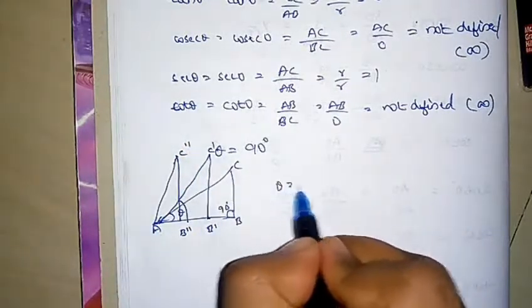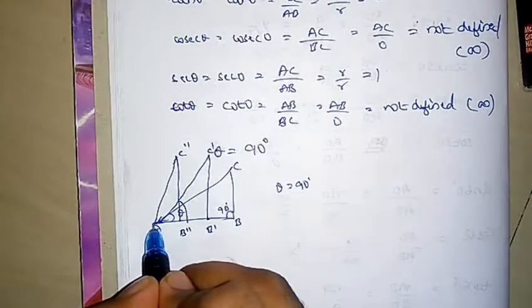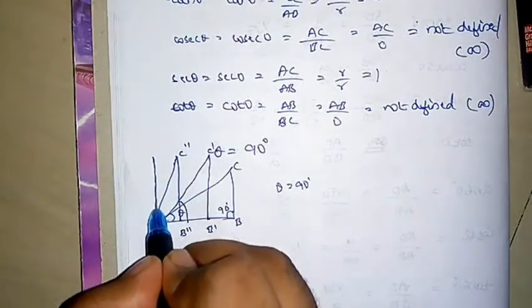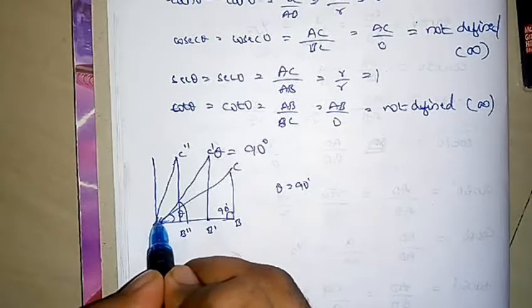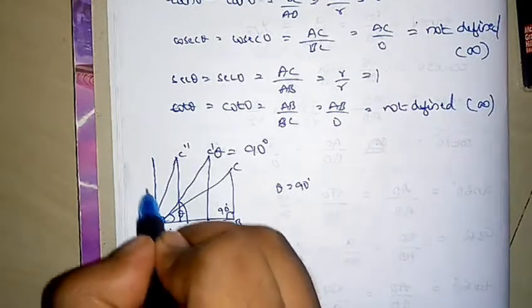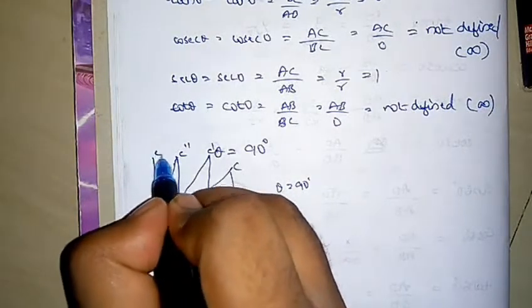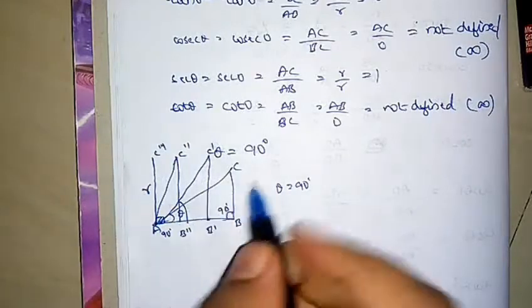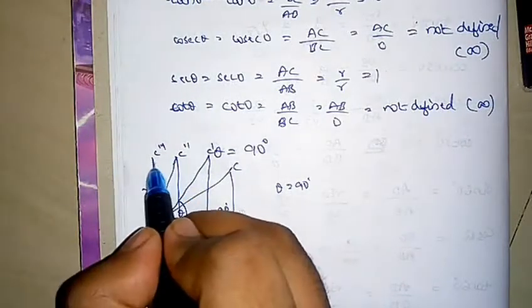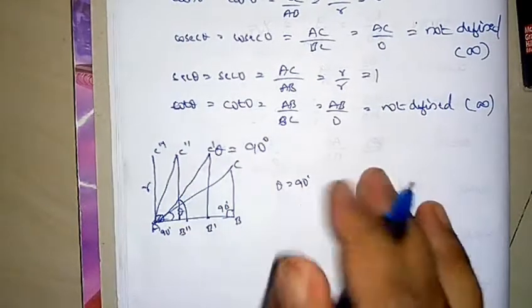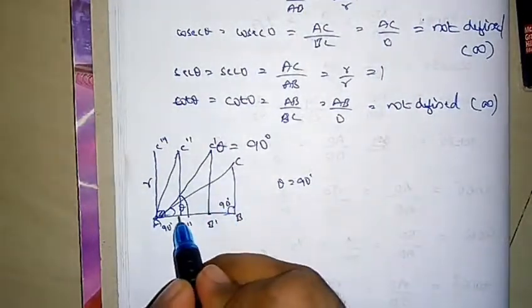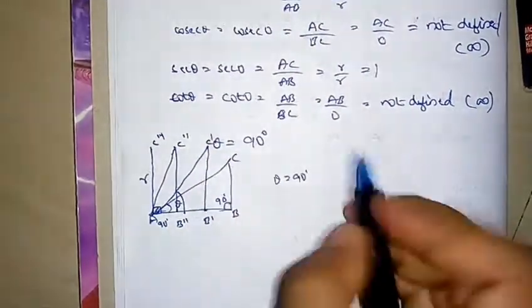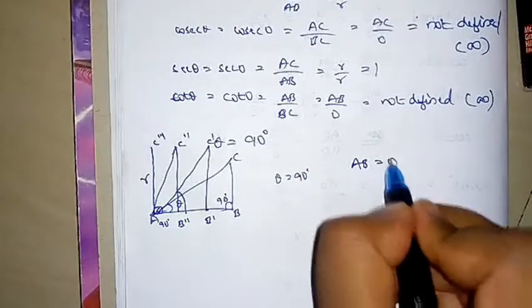Finally, if theta is equal to 90 degrees, this line will be perpendicular to AB. And as you know, AC is equal to r. Now B coincides with A, so AB will be equal to 0.